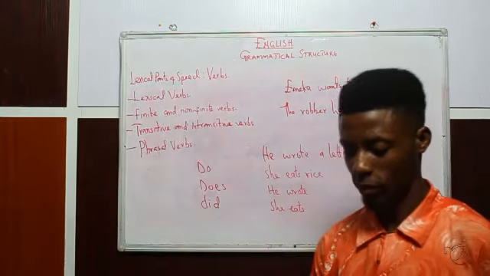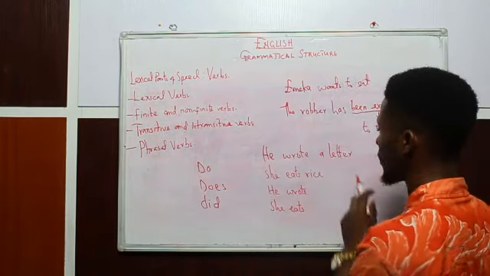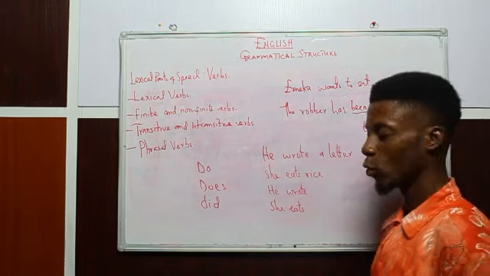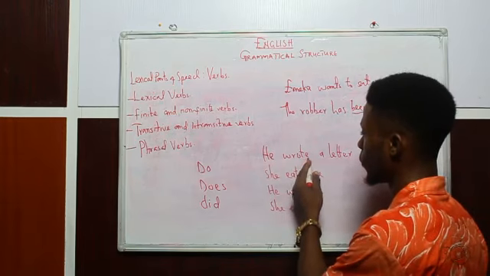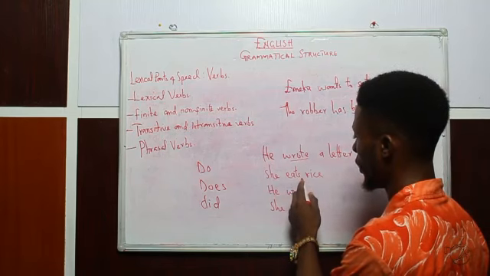We should take note that the first sentence here has an object that follows the verb wrote. Same goes with this, she eats rice.